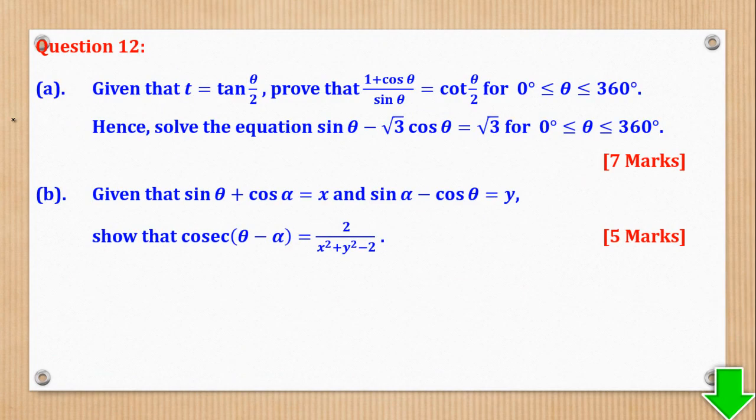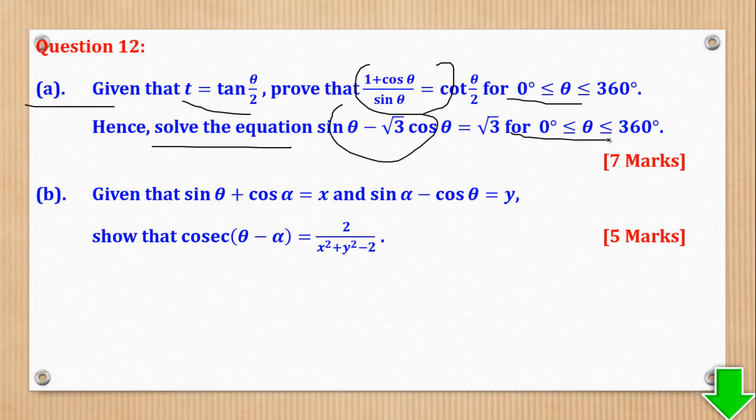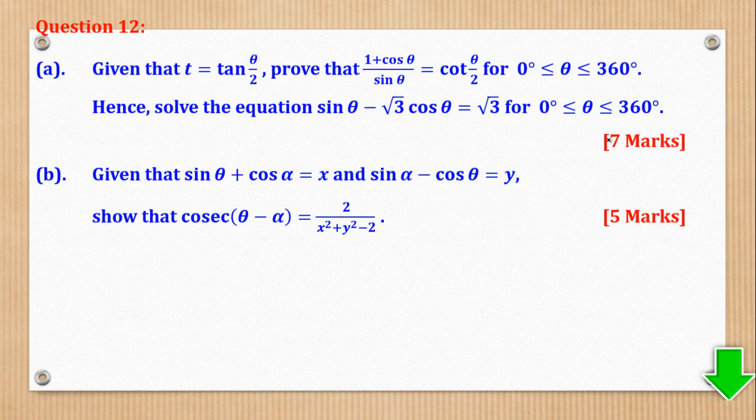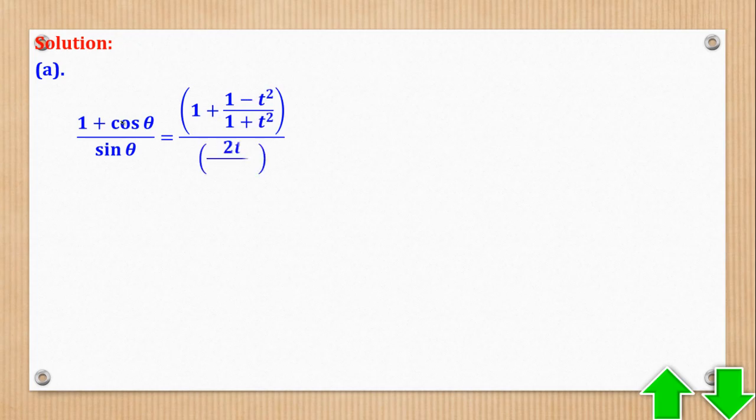Then question 12 part A says, given that t is equal to this, prove that this is equal to cot theta over 2 for this range, and hence solve the equation this for this range. Okay. So we are going to begin from the left hand side and use the t formula, substitute with the t formula for sine and for cos.